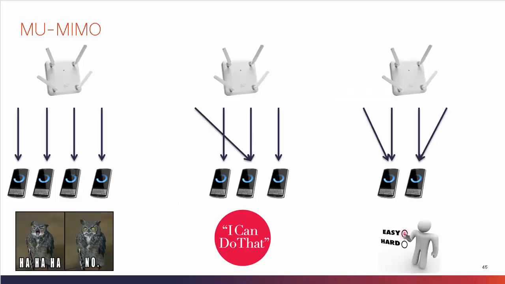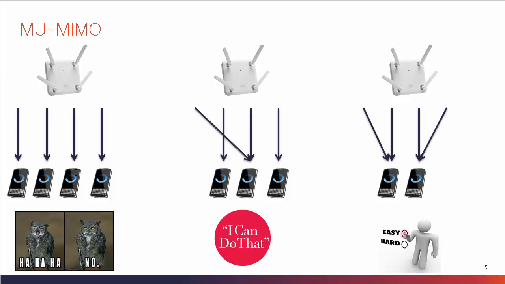So when we have 8 spatial stream access points, there will probably be some fun combinations we'll be able to do here. But if you look at what we have mostly today, which are 4 spatial stream access points, you understand that the chances that if you send one stream from each of your radio chains, that stream is going to be exactly the right match for 4 stations, with no need to compensate anything, is very unlikely.